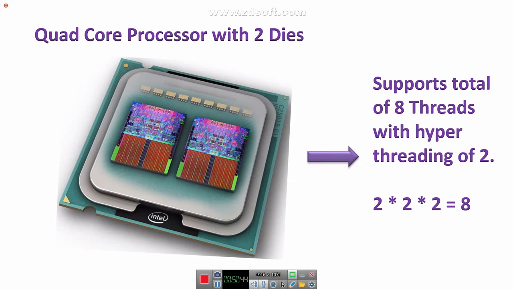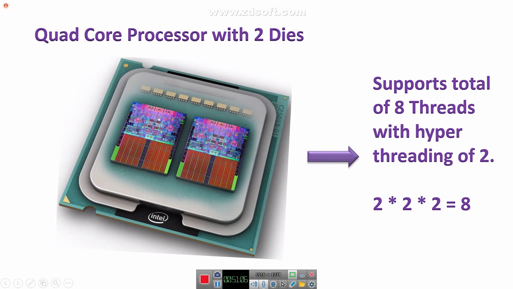So this is your processor. Some processors will have a big one, 2, 2, 2, 2, like this. This is called a die.